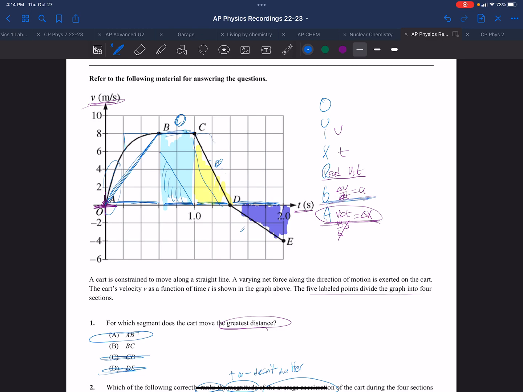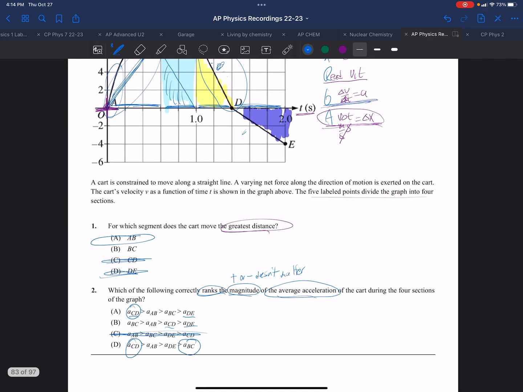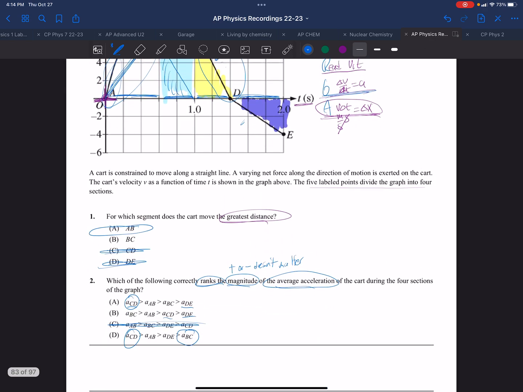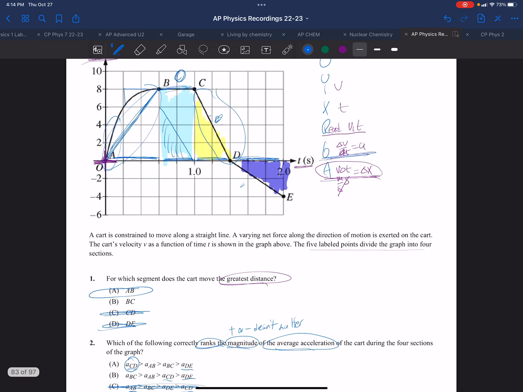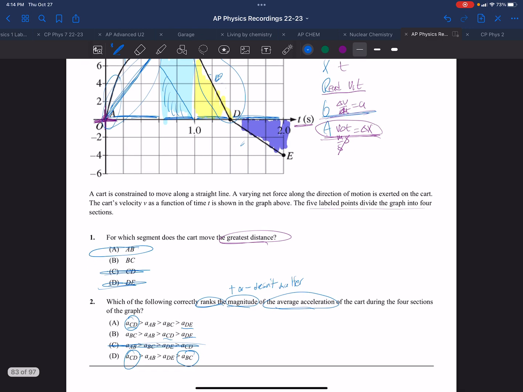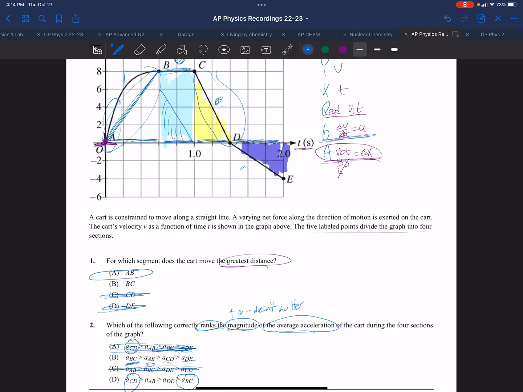And we can see CD is steeper than AB, so CD is the steepest. And that is this choice or this choice. So it comes down to which one is steeper next, AB or BC? BC is not greater than anything, so it can't possibly be this one. So that one's out as well.